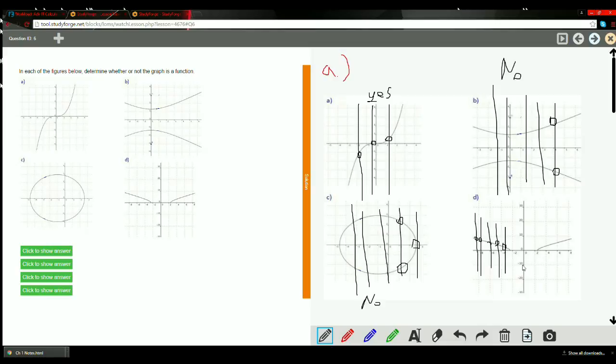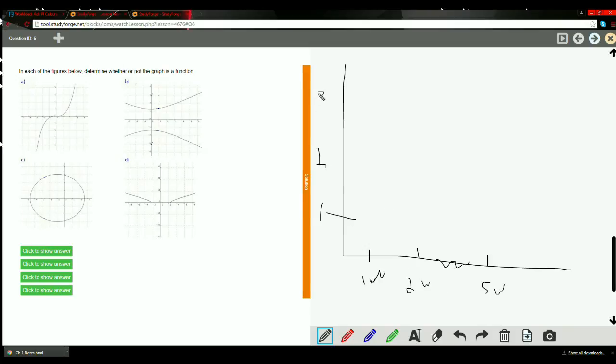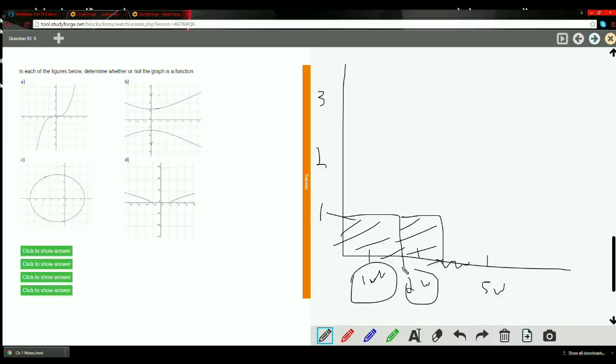Let's say you have a graph with 1 week, 2 weeks, and 5 weeks. In week 1 I ran 1 mile, and in this week I also ran 1 mile. So 1 output has 2 inputs.